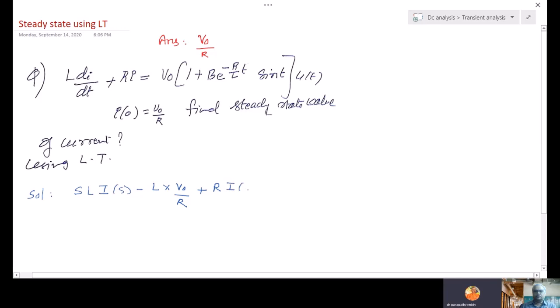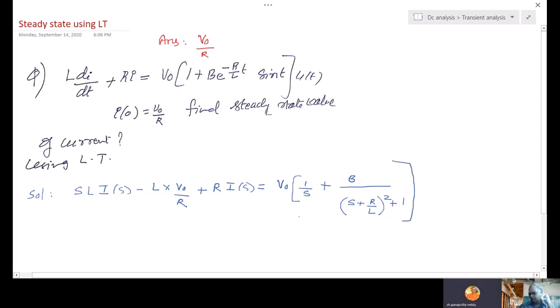So I of s is equal to V0, Laplace of 1 is 1 by s, plus B constant, using frequency shifting property, you get (s plus R by L) square plus 1 square is 1.